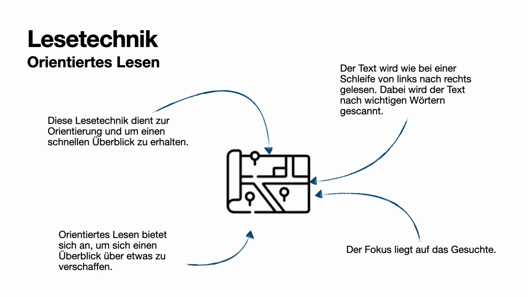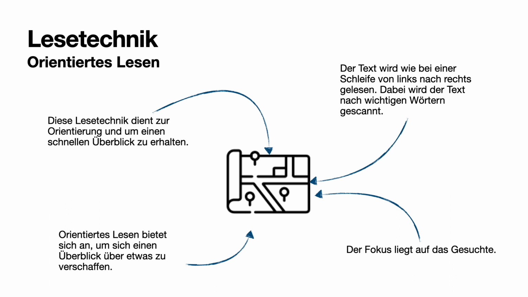So for this part of the exam, you do not have to read the whole text carefully, but rather read it efficiently and find the wanted information quickly. For this reason, the reading technique orientiertes Lesen, or in English, skimming, is recommended.